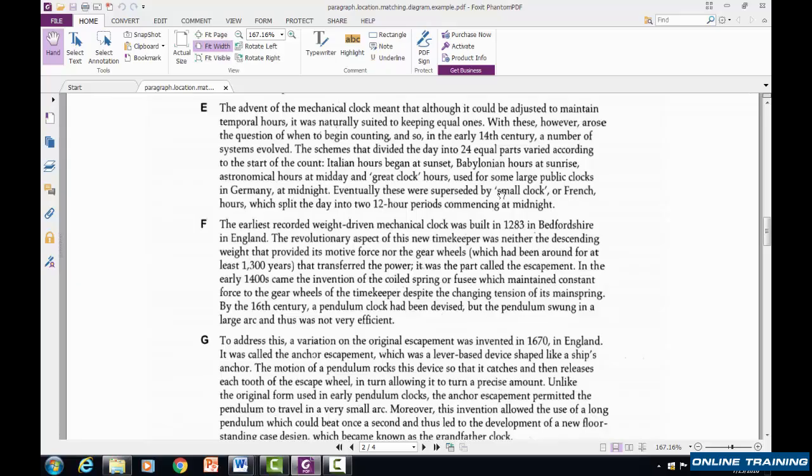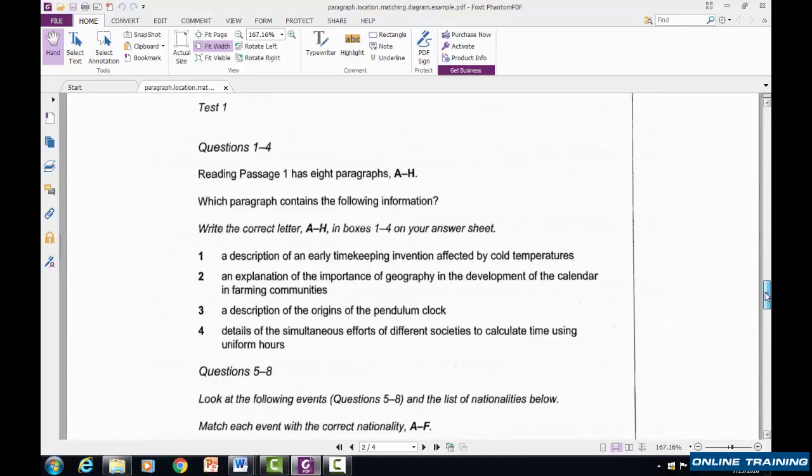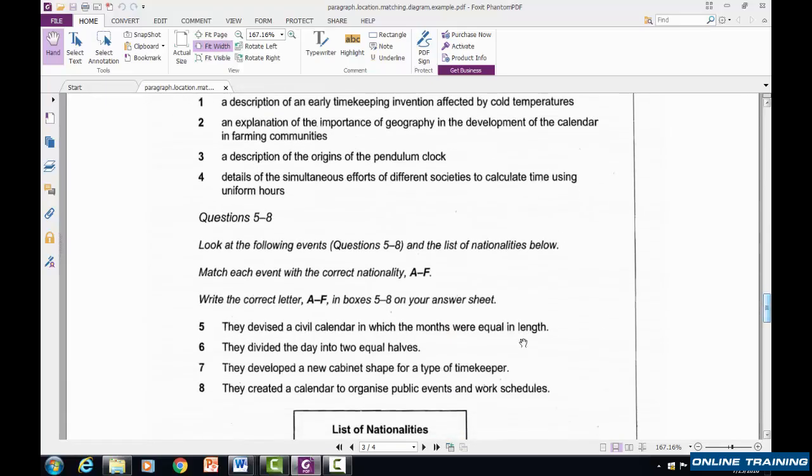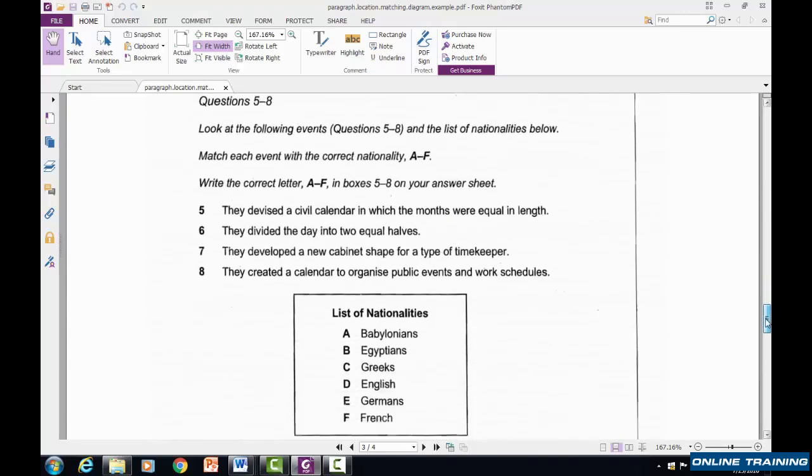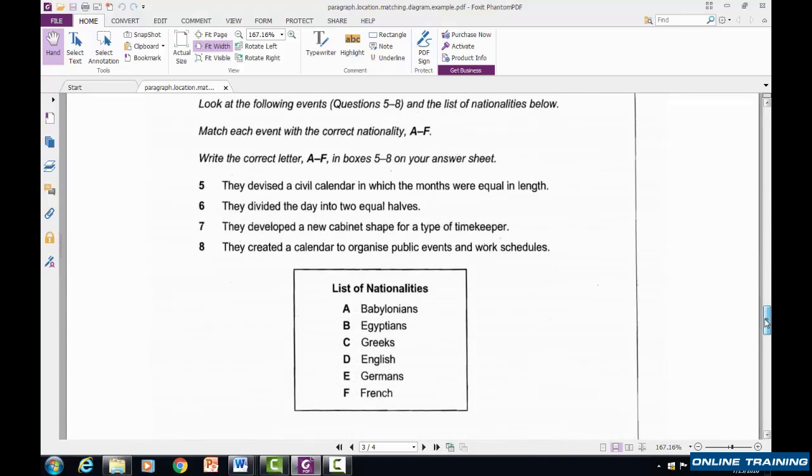Eventually these were superseded by small clock or French hours, which split the day into 2 12-hour periods. Alright, so the French split the day into 2 12-hour periods. I think that's a match. Yeah, that's a match for number 6. They divide the day into 2 equal halves. So Germany doesn't match anything, but the French. I'm sorry, the correct answer for number 6 is F.